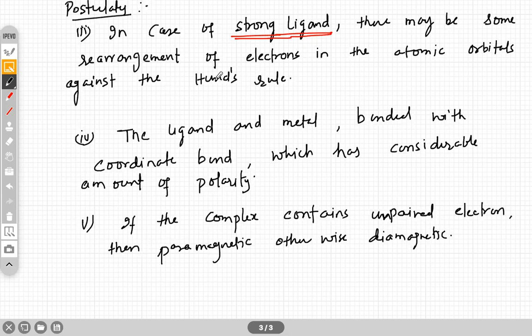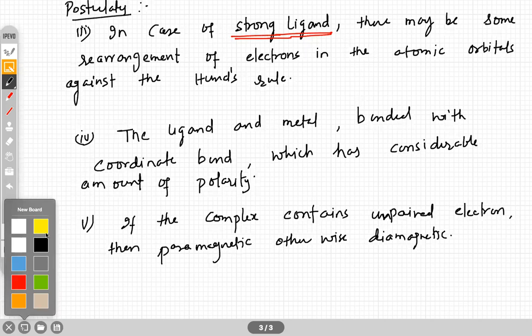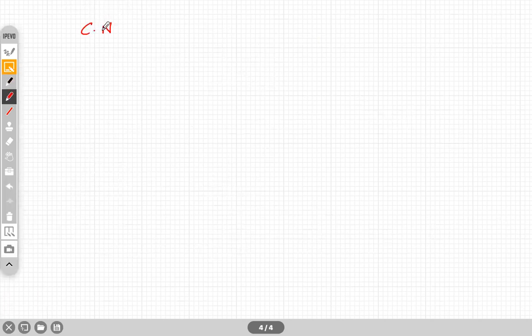Depending upon the coordination number, we can understand the hybridization of the complex, and hence we can understand the geometry of the complex also. So this table, all of you have drawn. All of you have written this? Yes, sir. Okay. So draw this table. One side we have coordination number, Cn stands for coordination number, then we have geometry, and then we have hybridization.